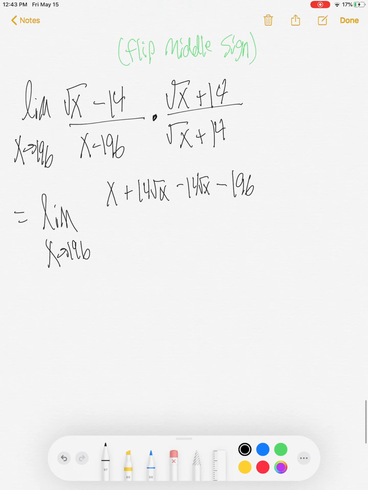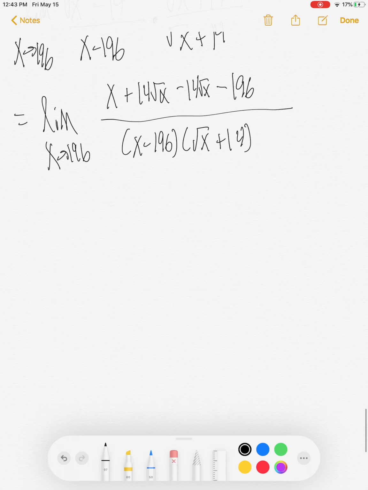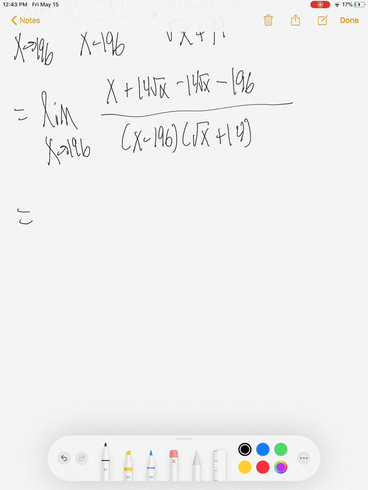And now my denominator, I'm not going to multiply out. Let's just leave it like this. Because now, watch what happens. Get ready for your mind to be blown. The numerator here is just x minus 196. I've got an x minus 196 up here, and an x minus 196 down here.